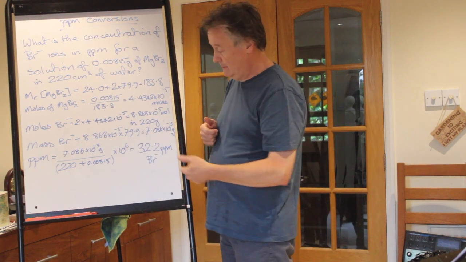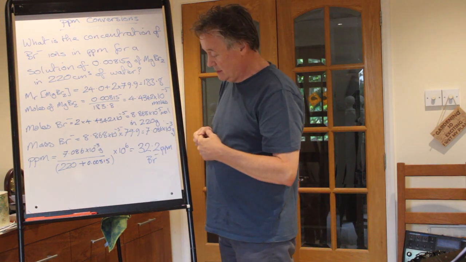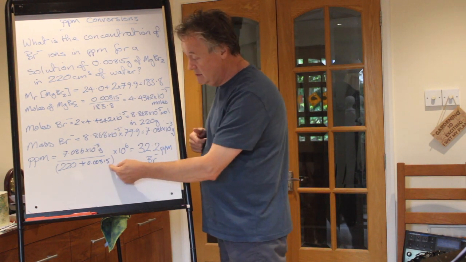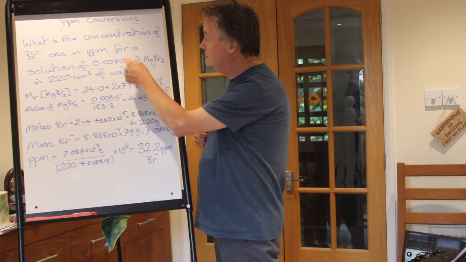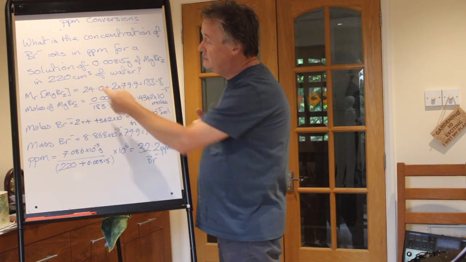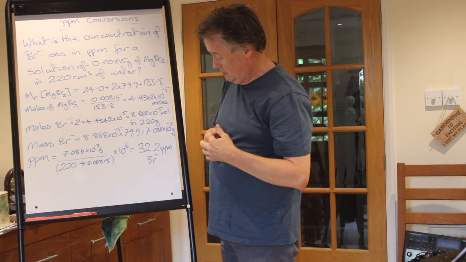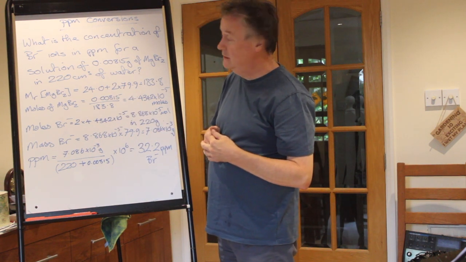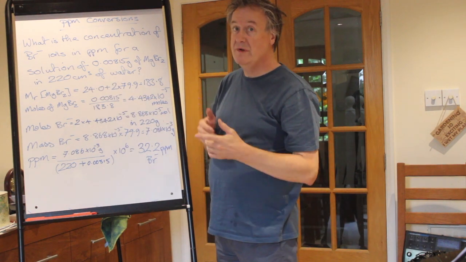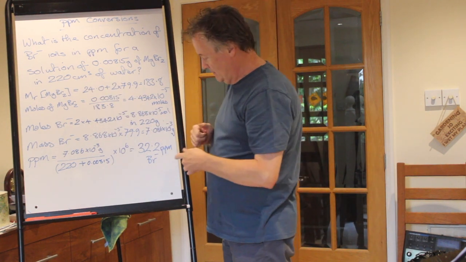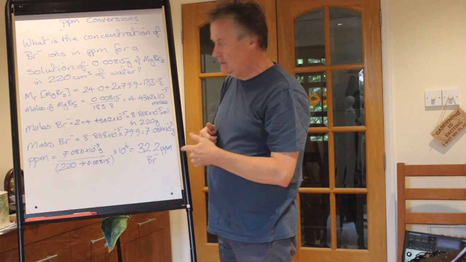Multiply it by a million, and the answer comes out as 32.2. This makes no difference to this answer at this level of accuracy. 3 significant figures, though I suppose you could say that was 2, and it would be 32 parts per million. I assume that that was 3 significant figures. No evidence for that, but anyway, it's about the method.